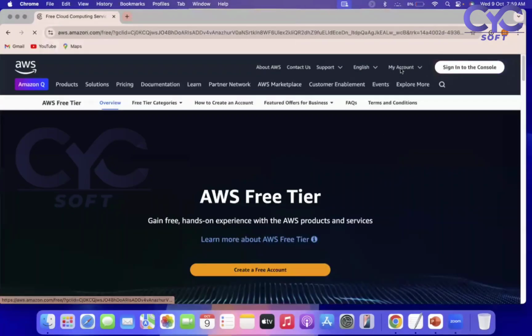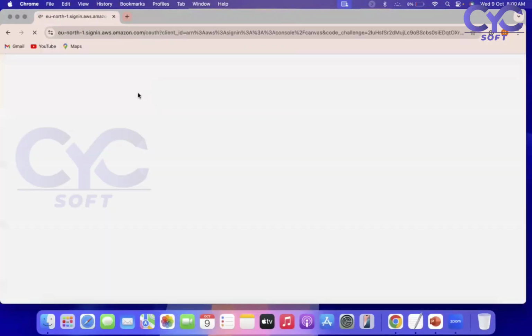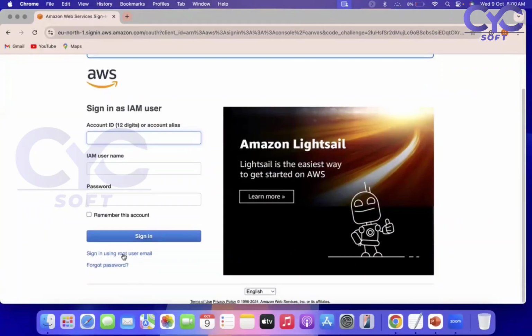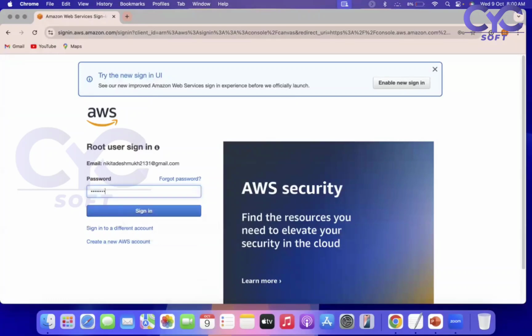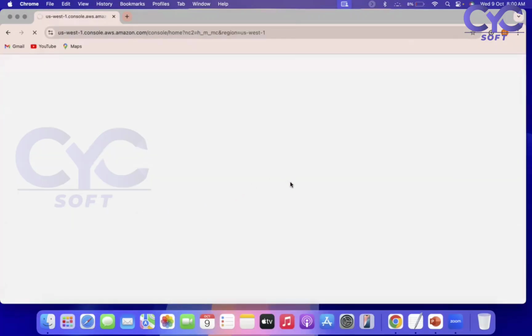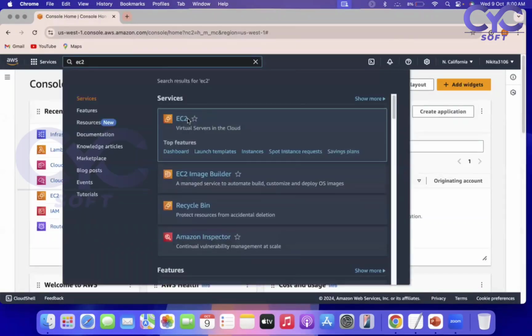Let's go to the official website of AWS Cloud. For this, I'm going with EC2 only.